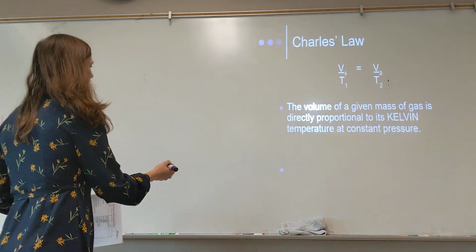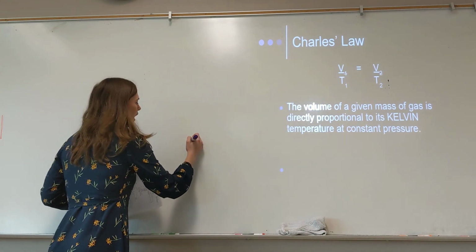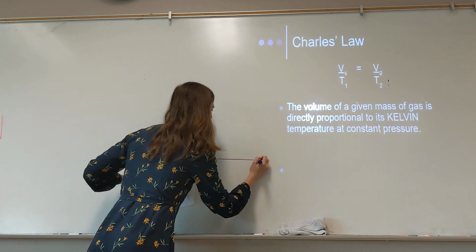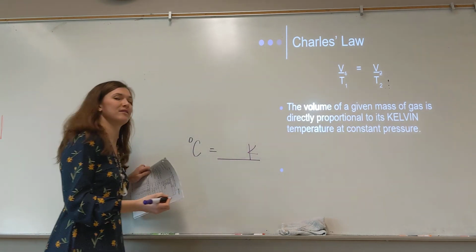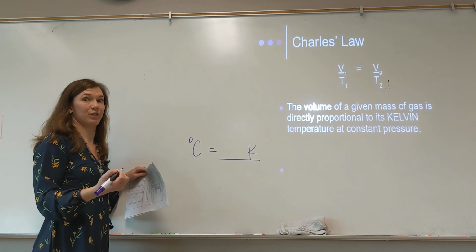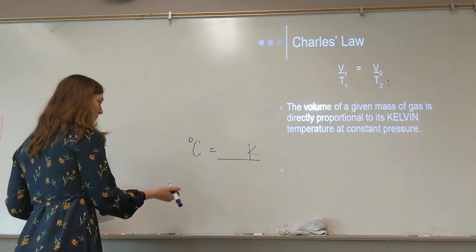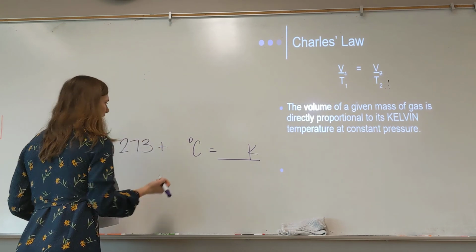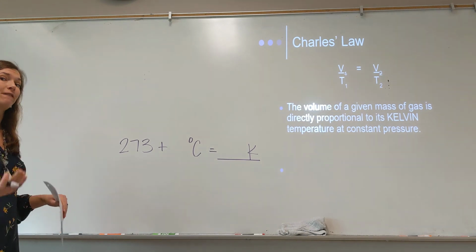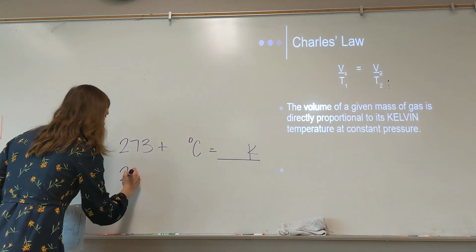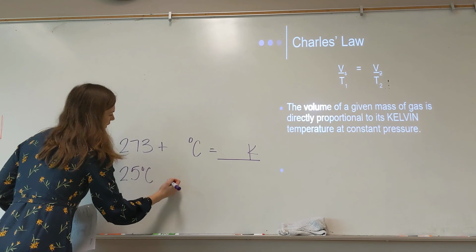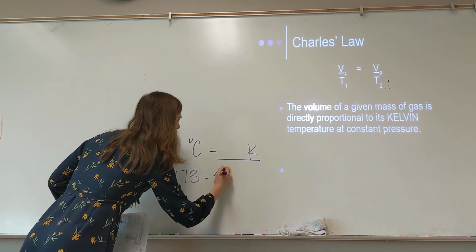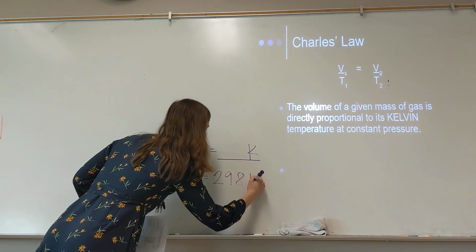So what that means is if they give you degrees Celsius, in order to get Kelvin, you have to add 273. So for example, if I had 25 degrees Celsius, I would add 273 to get 298 Kelvin.